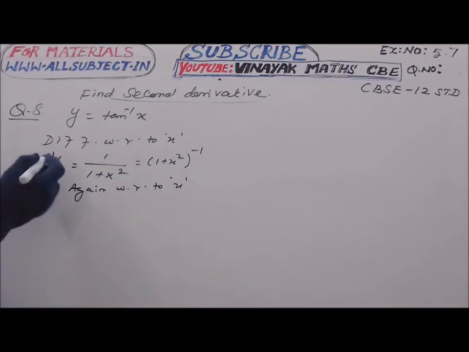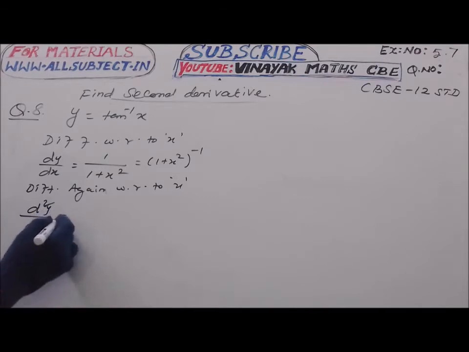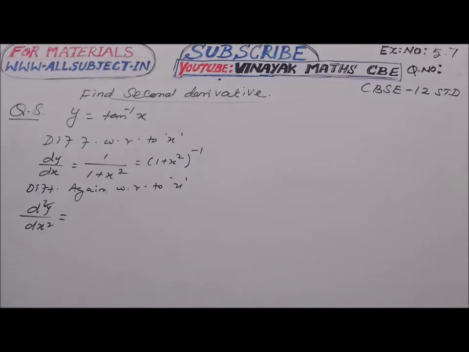Now differentiating, derivative of dy by dx with respect to x is d square y by dx square, which is equal to, now applying exponent formula, here chain rule will be applied.